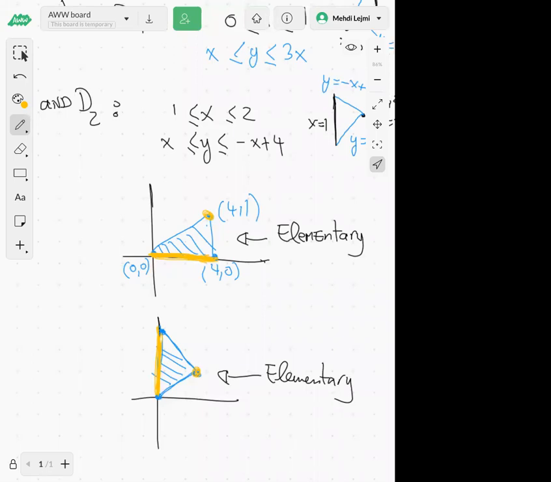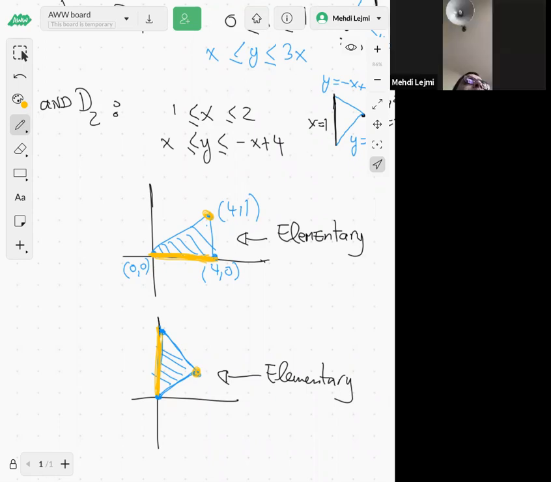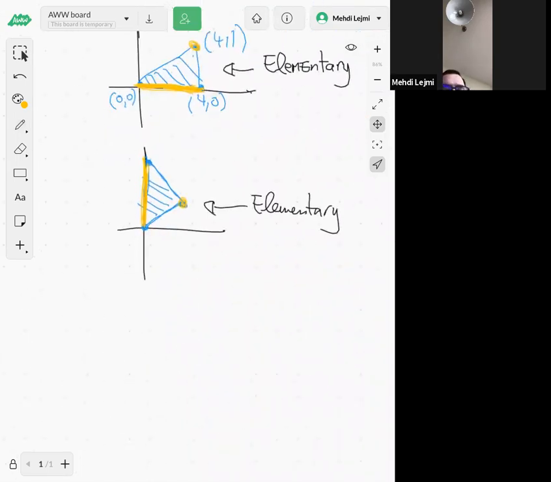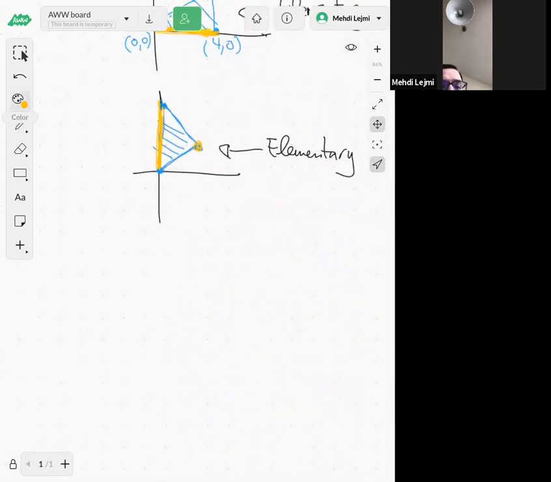So for number 3, what would be the bounds? For number 3 in the review sheet, let's see. Well, the integral is not really obvious there, but for the bounds, this is problem number 3.